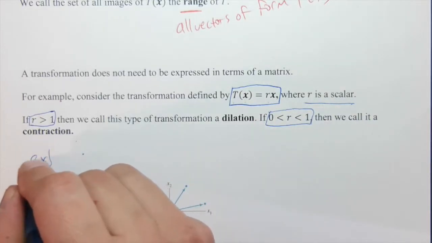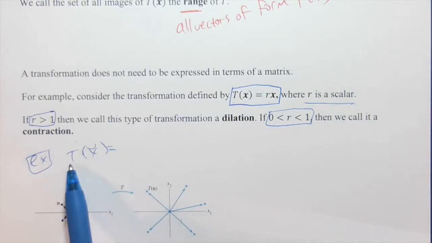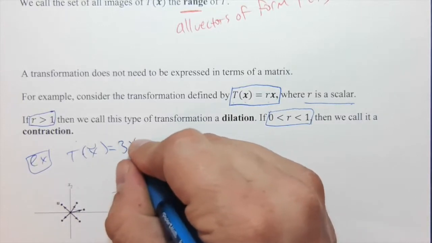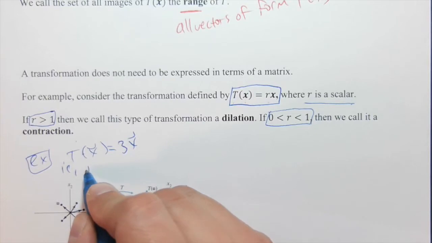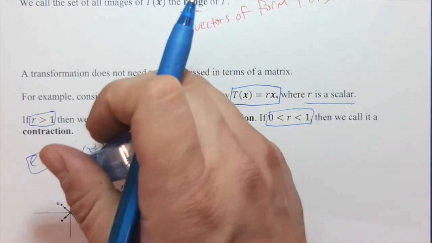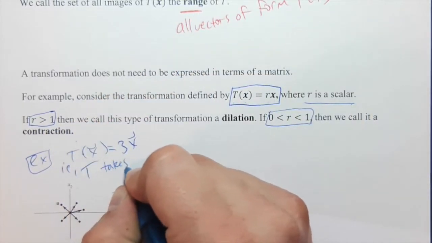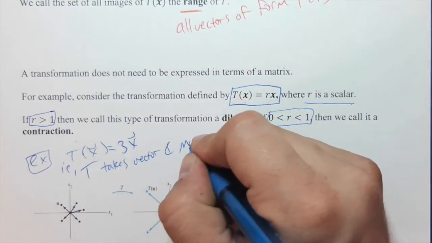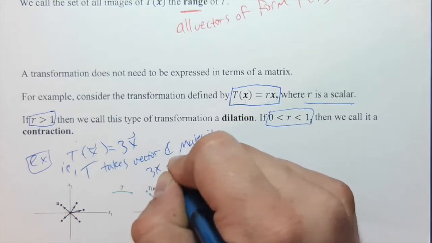Let's make up a hypothetical transformation. Let's say when you apply this dilation to x, you just multiply the vector by 3. In other words, the transformation T takes a vector and makes it 3 times bigger.